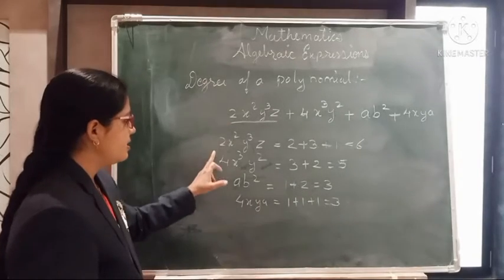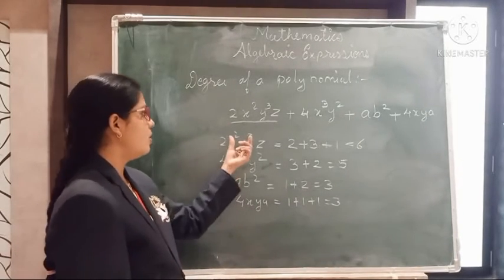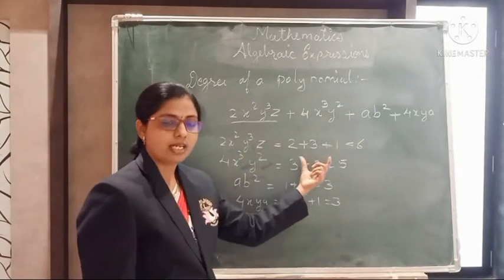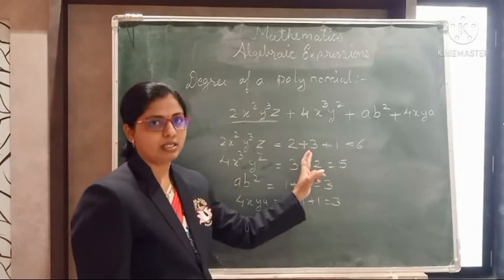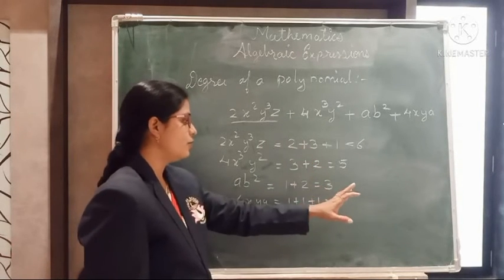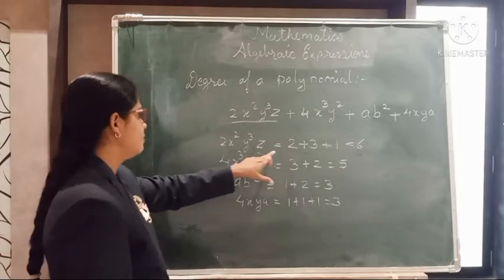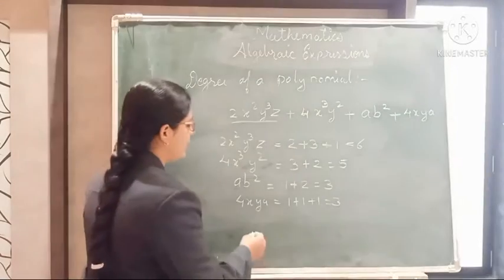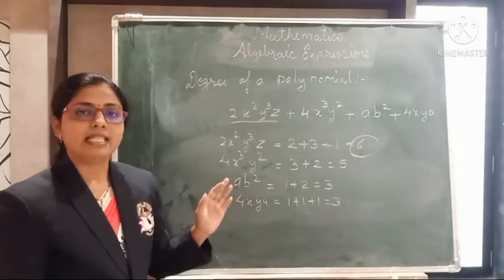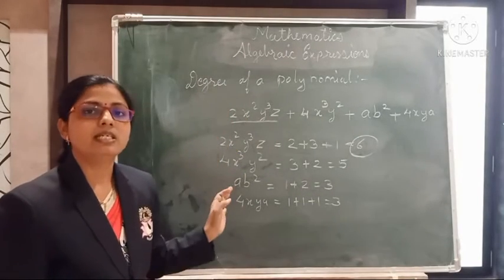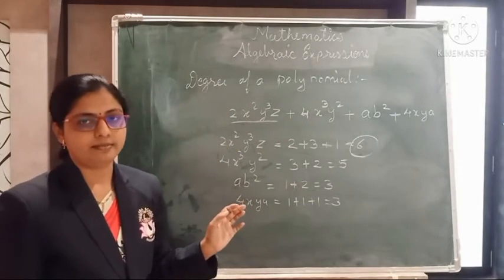So you can see I did the addition of all the variables' powers, and then you have to see whose sum is the greatest, meaning where the highest power is. We are getting it in the first term. So the degree of the polynomial will be 6. In this way you have to find the degree of a polynomial.